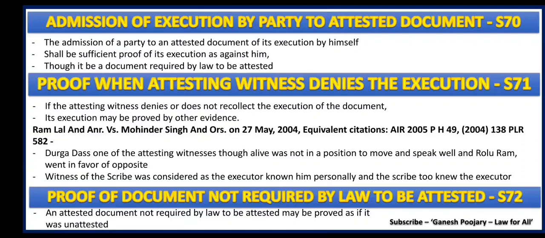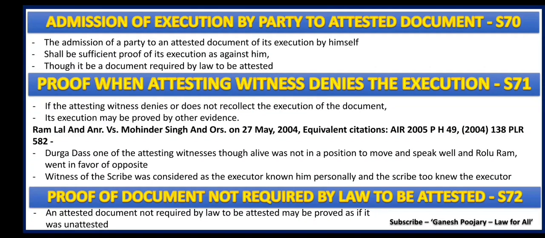There is one simple and beautiful case law for this particular section, that is Ramlal versus Mohinder Singh. Here what happened? There were two attesting witnesses, and one of the attesting witnesses, although alive, was not in a position to move and speak. So he couldn't give any evidence as he couldn't move and speak. But the other one, he was healthy, but he gave evidence in favor of the opposite party. Now what to do?